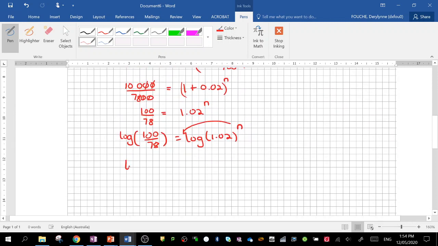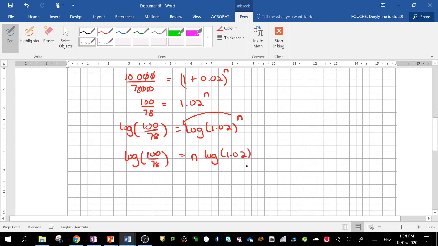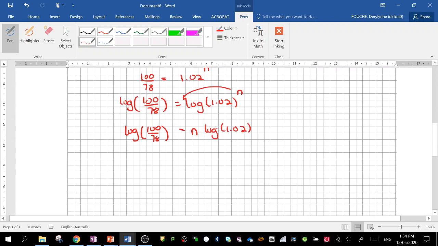So that means I could have log of 100 over 78 equals n log 1.02. And I could divide both sides now by log 1.02 and get that n was log of 100 over 78 divided by log of 1.02. And when you put that into your calculator, you've got that n is approximately 12.55.